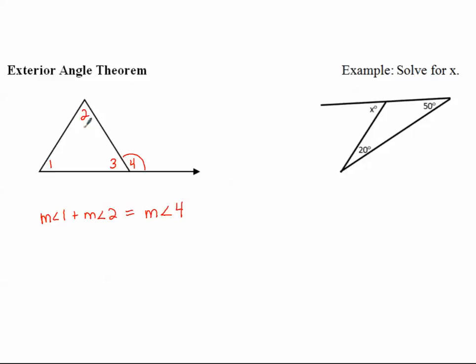So these two interior angles that don't touch this guy, the two that are farthest away, add up to that exterior angle. So in this picture, how do I find that exterior angle? I take the two interior angle measures and I add them together, 20 plus 50. And I have my exterior angle has to be 70 degrees.